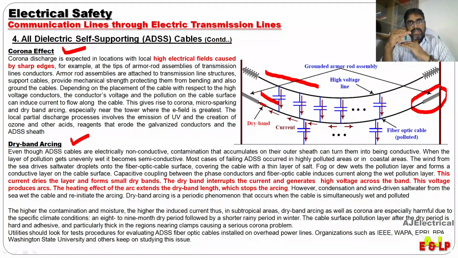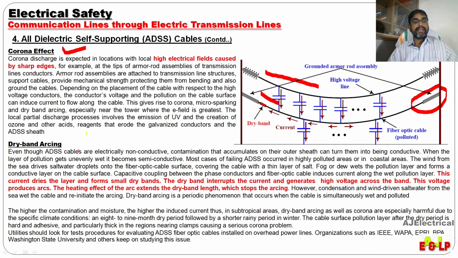This sharp edge is in the vicinity of the electromagnetic field, and the ionized air around this point can cause corona effect. Corona effect means arcing, so by this arcing the fiber may get damaged.